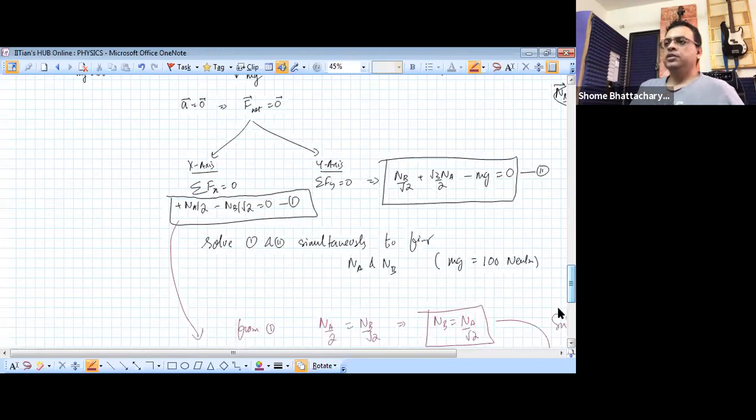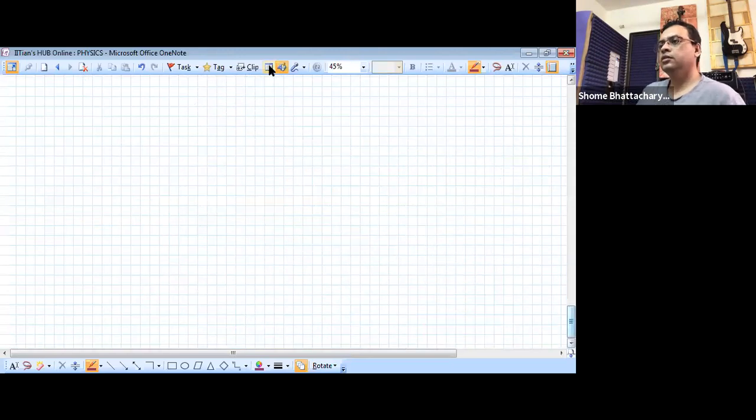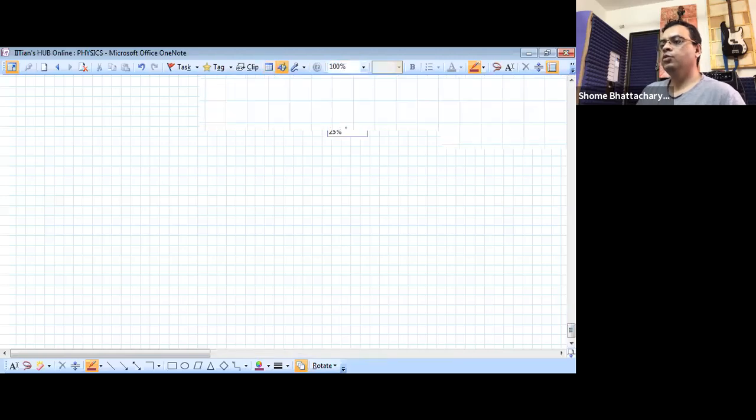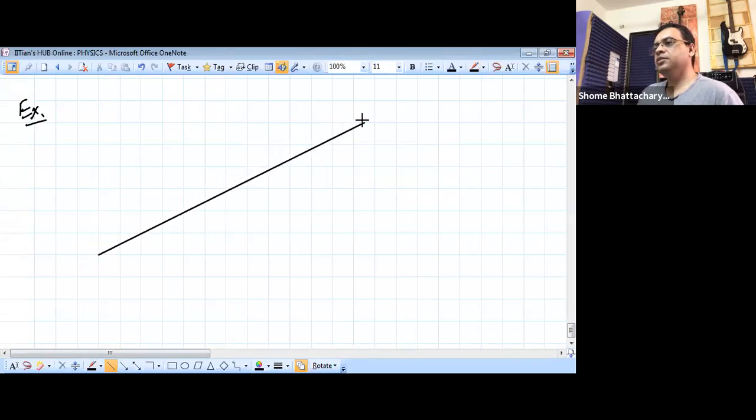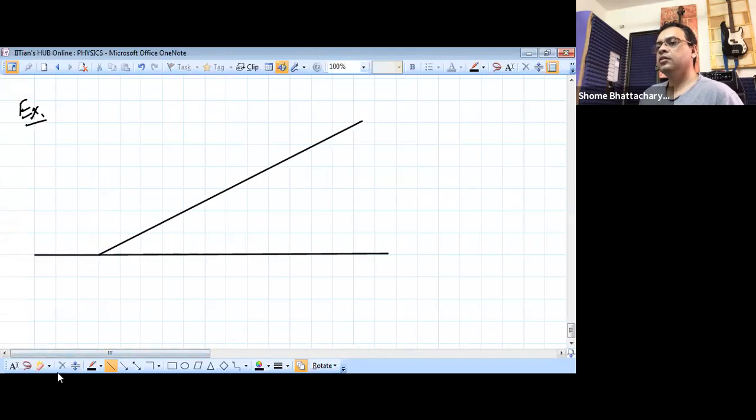Okay. Now let us look at one more problem based on this normal reaction concept before we move on to tension. Now this is something for you to solve. So what is happening this time is that we have a 30-degree smooth inclined plane.